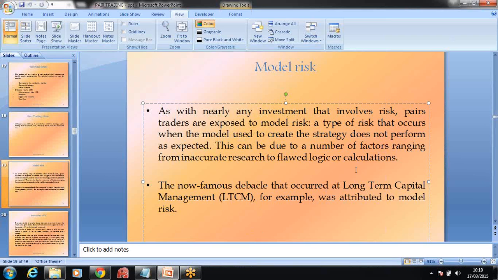In case you have time, you can check LTCM. This is one particular event that happened something like a decade or two decades back.